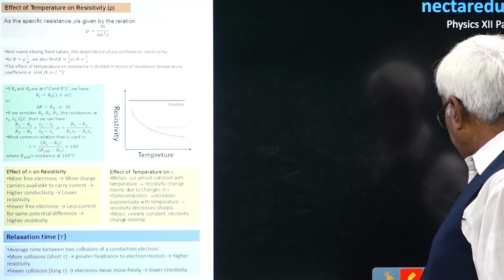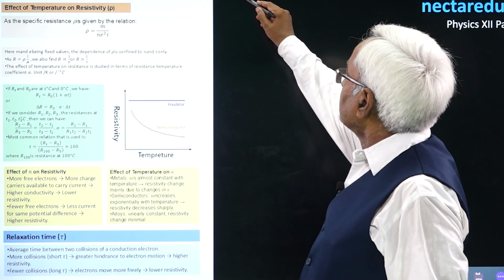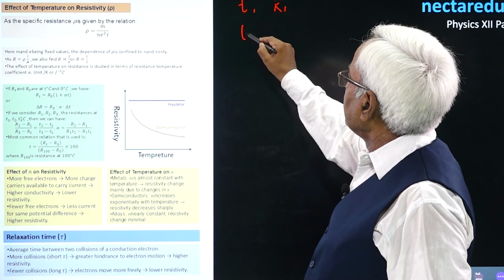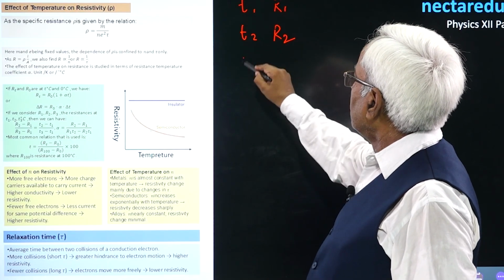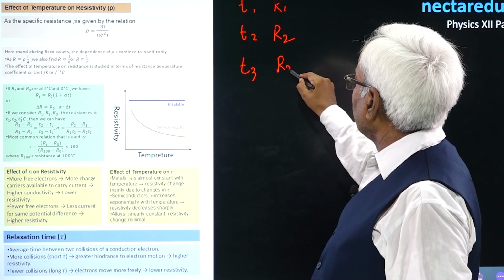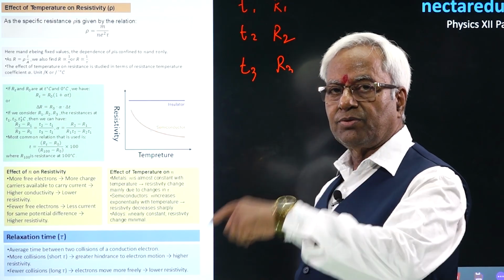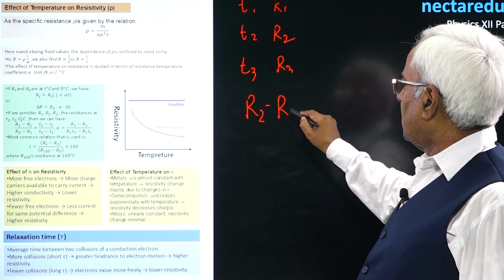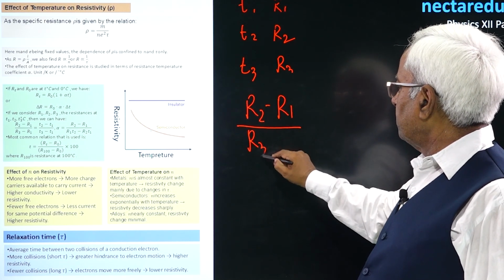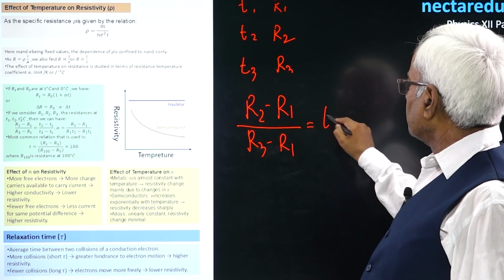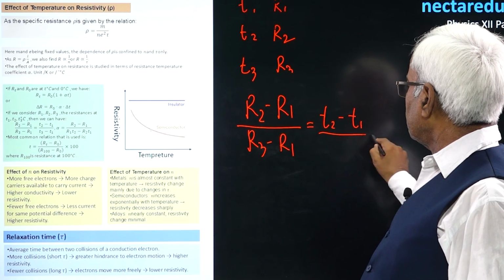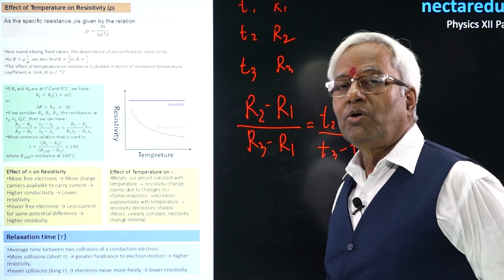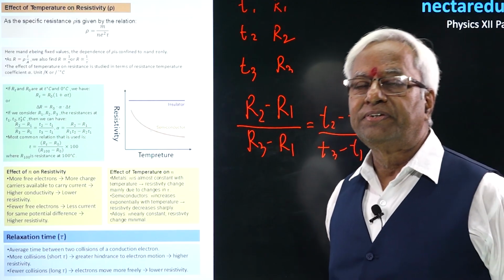Now, we want to find the relation between three resistances having the values this way. Three temperatures are given and respective resistances are also given. In that case, (R2 minus R1) over (R3 minus R1) is going to be (T2 minus T1) over (T3 minus T1). It's not 2 in 1, this is going to be 3 in 1.